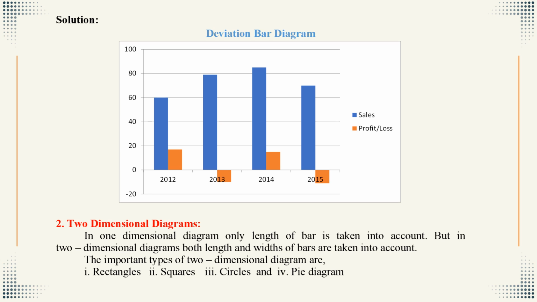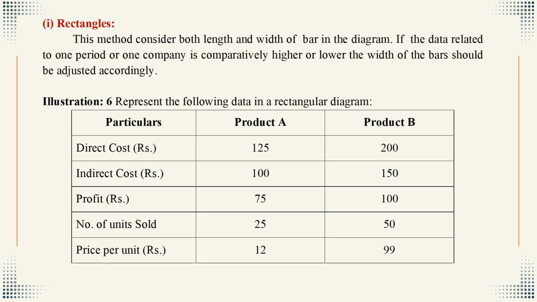Then two-dimensional diagrams. In a one-dimensional diagram, only the length of the bar is taken into account. But in two-dimensional diagrams, both length and width of bars are taken into account. The important types of two-dimensional diagram are rectangle, squares, circles, and pie diagram. Rectangles.